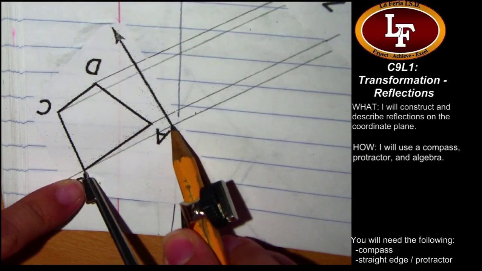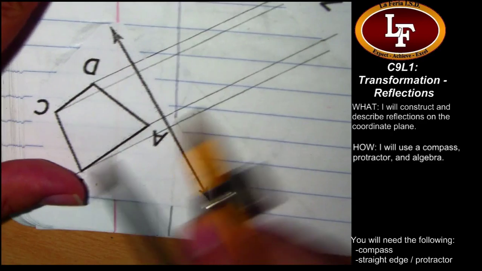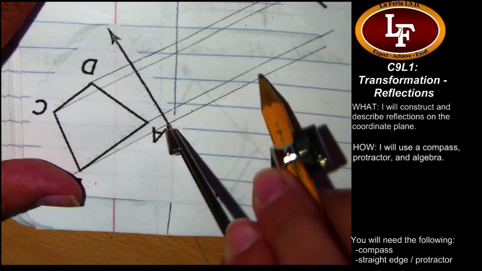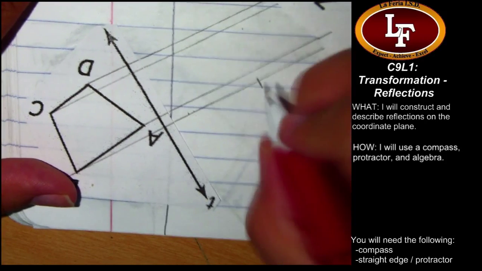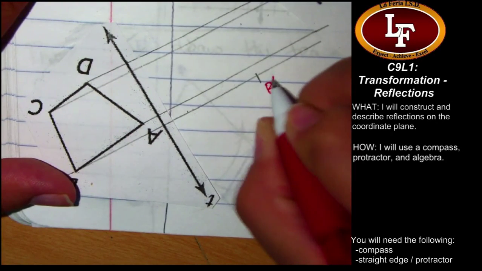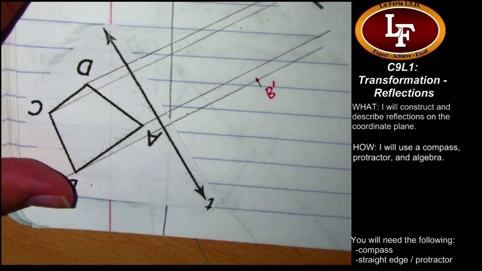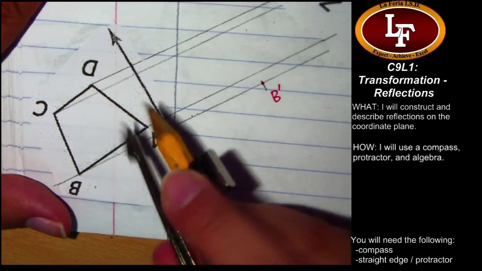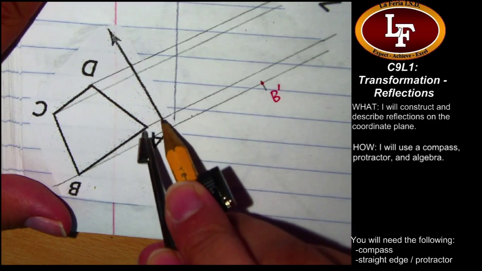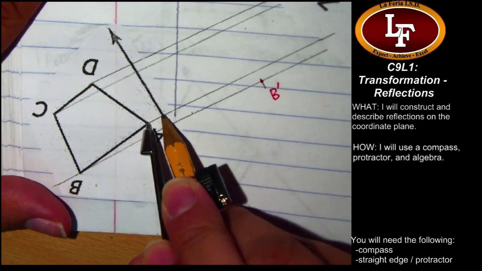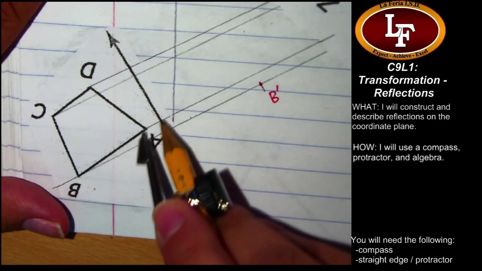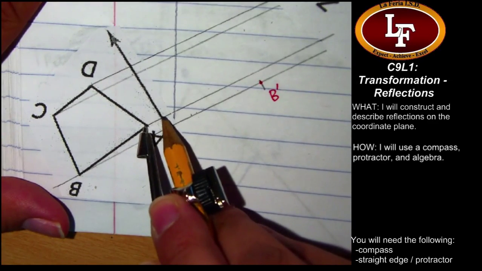I'm going to recommend that you mark off each point and label it as you go. A is going to be really hard for me because my compass almost doesn't go down that small. So A is going to be the hardest one for me to reflect.